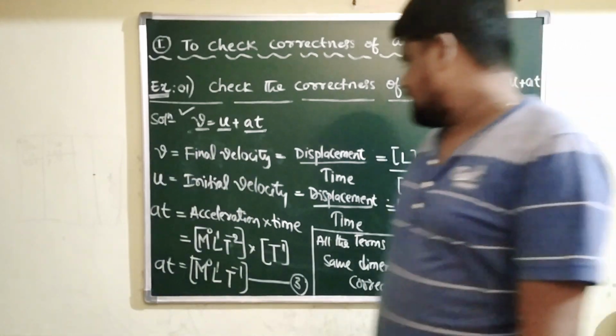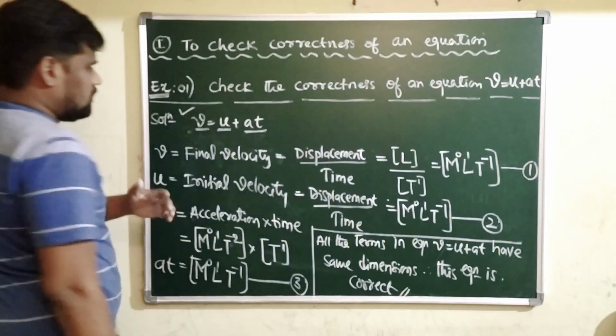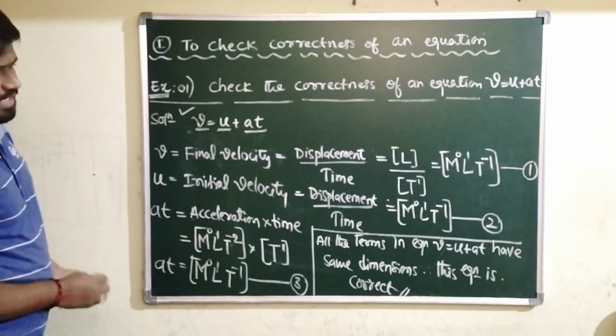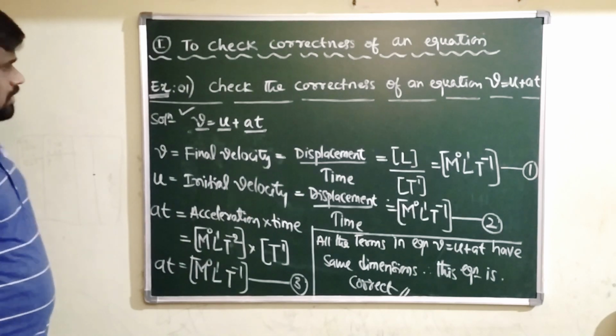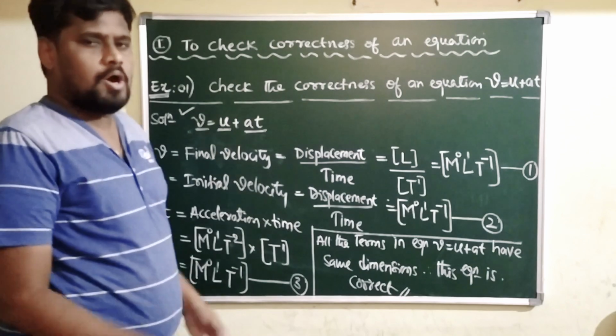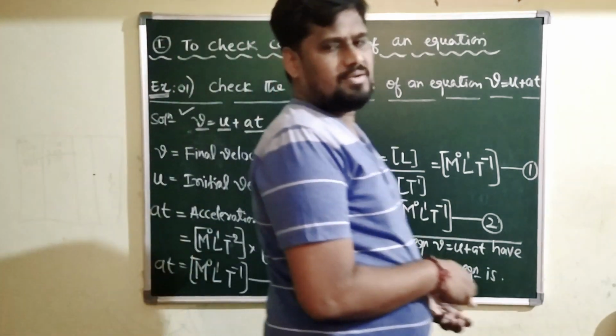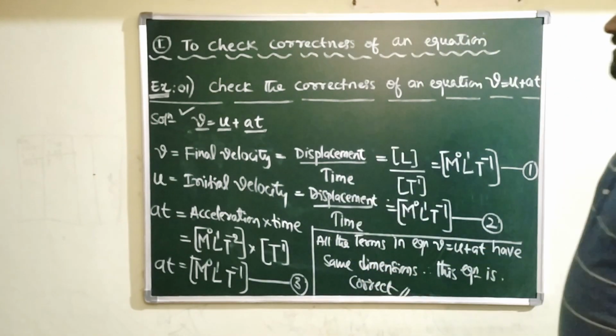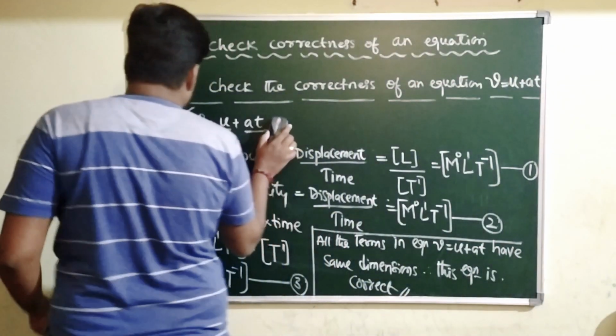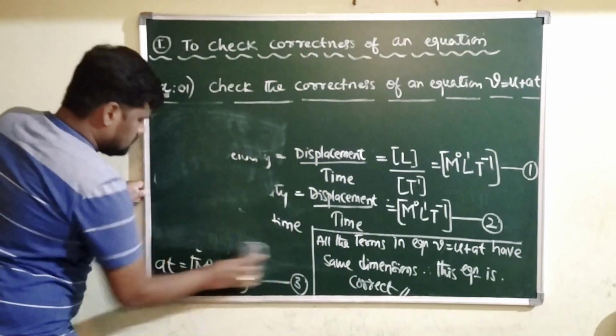Okay, you can concentrate here. Note down how we have checked the correctness of a given equation. I will take one more example so that we overcome all the doubts here. Shall I go for the next example? Okay, take down the next example. That is example 2.